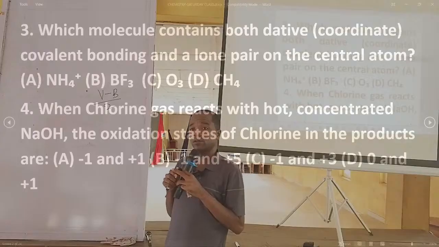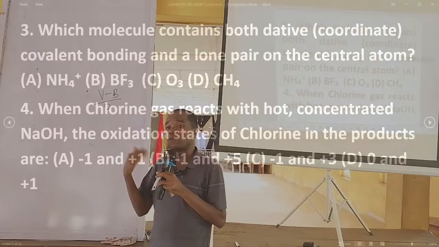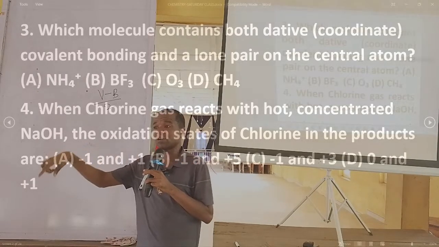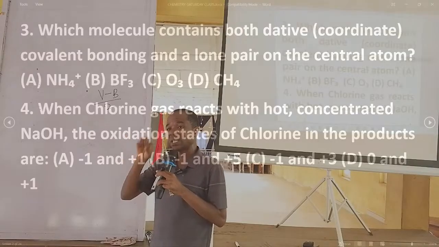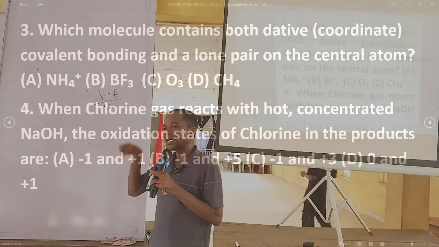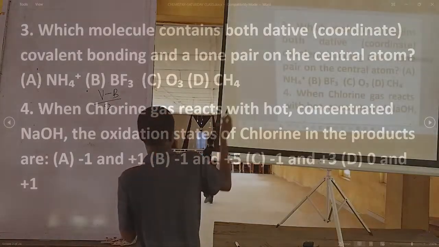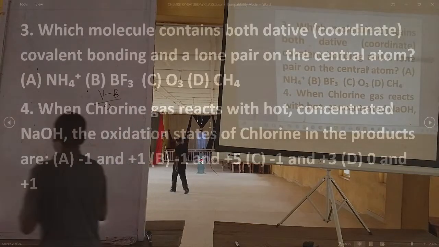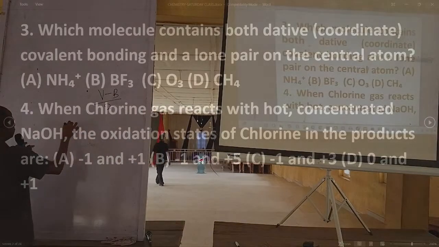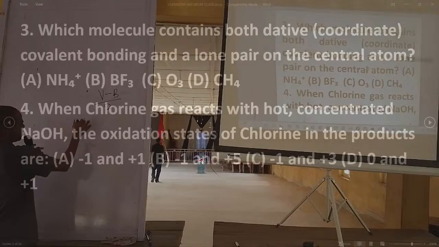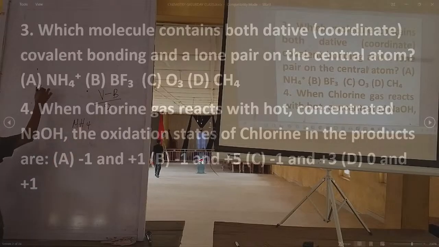What does V represent? That's the number of valence electrons of the central atom. What does B represent? That's the number of bonds formed by that central atom, and then divided by 2. Let's look at ammonium ion, NH4. If you want to draw the structure, it's like this.